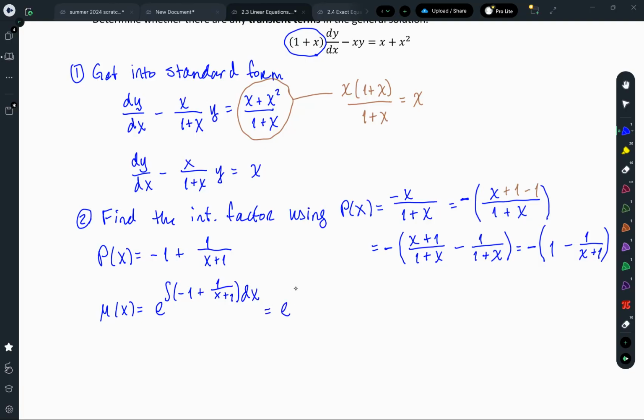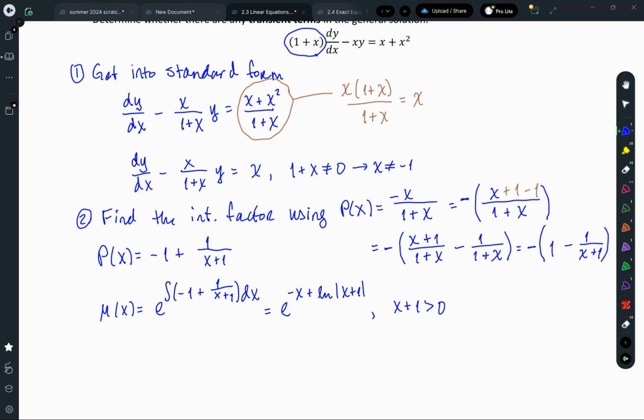This becomes e raised to the negative x plus the natural log of the absolute value of x plus 1, where x plus 1 must be greater than 0. And you know what I forgot to do is in step 1, I should have stated that 1 plus x cannot be equal to 0, which means x cannot be negative 1.